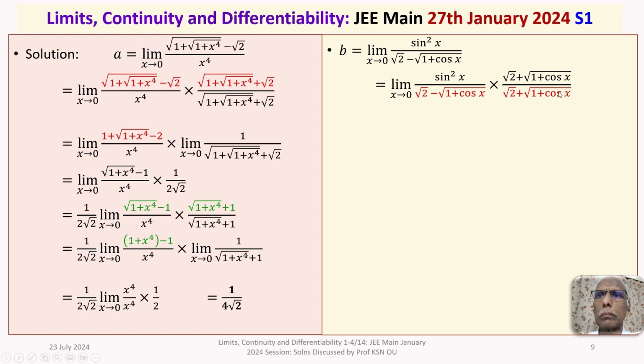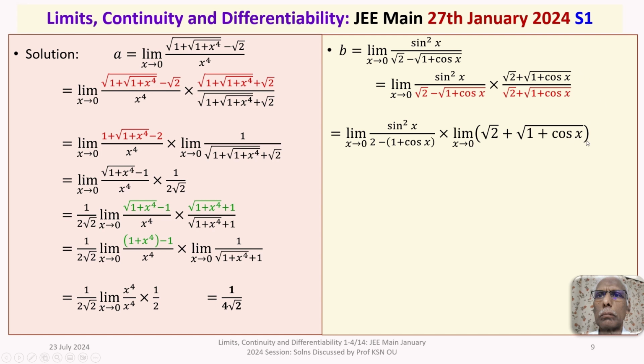Multiply and divide, and in the denominator multiply a plus b into a minus b, you will get a square minus, in brackets, 1 plus cos x, and for this factor, the numerator will remain the same, and the limit you have to take. So that is equal to limit x tends to 0 of sin square x by 2 minus in brackets 1 plus cos x, into limit x tends to 0 of root 2 plus under the square root of 1 plus cos x.